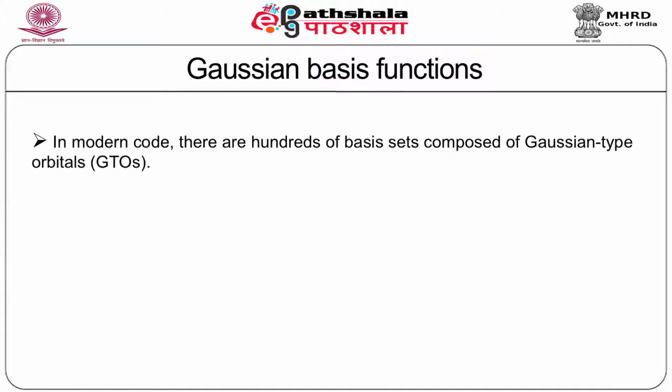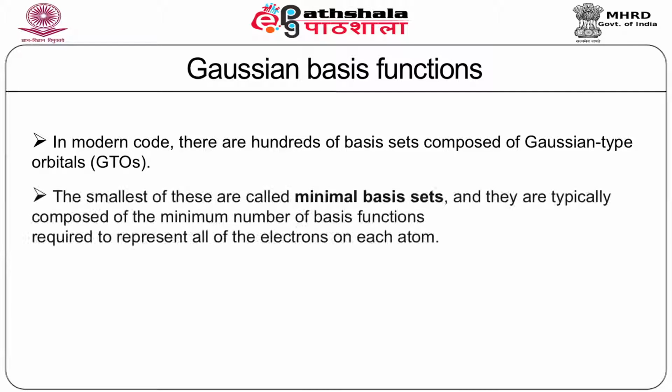In modern code, there are hundreds of basis sets composed of Gaussian type orbitals. The smallest of these are called minimal basis sets, and they are typically composed of the minimal number of basis functions required to represent all of the electrons on each of the atoms.